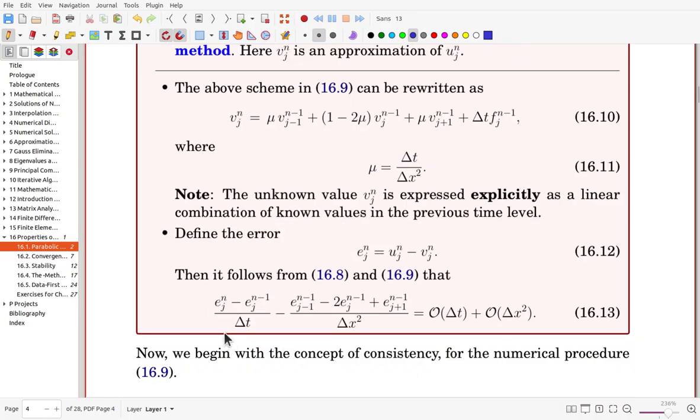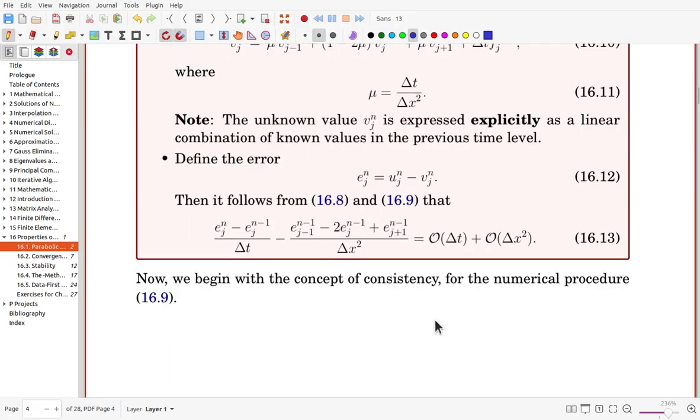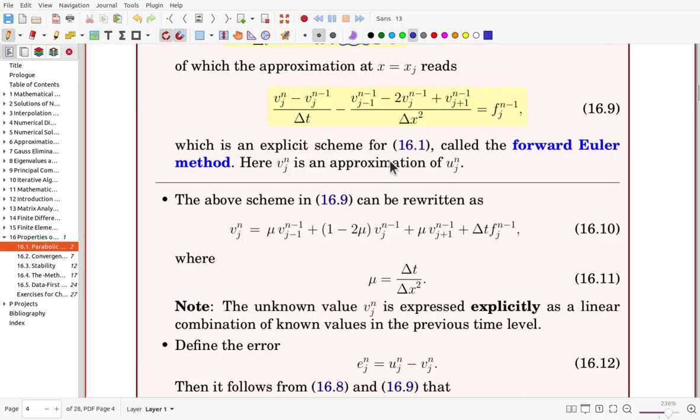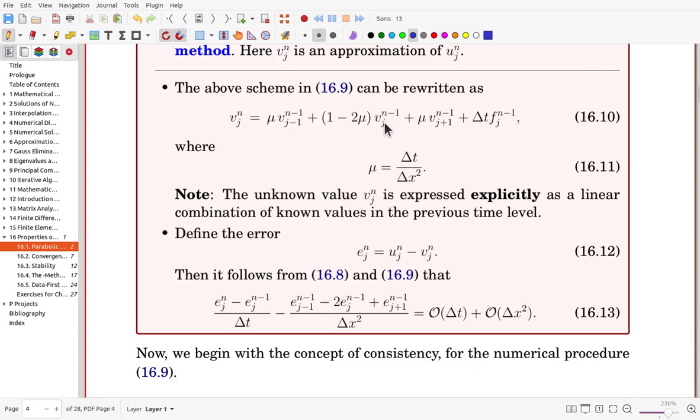So this is the error equation, and from the two equations we can get this one quite easily. Now we begin with the concept of consistency for the numerical procedure in this equation.